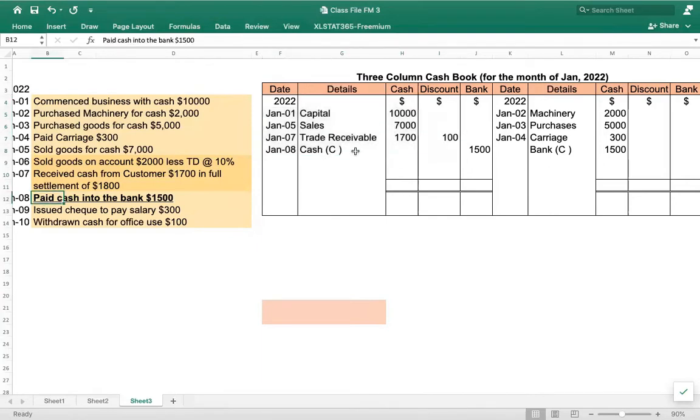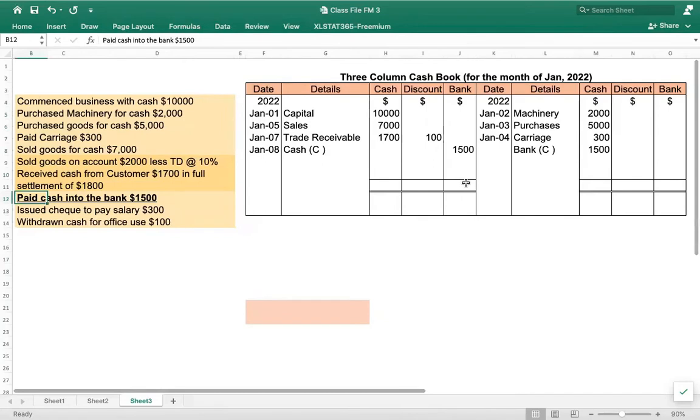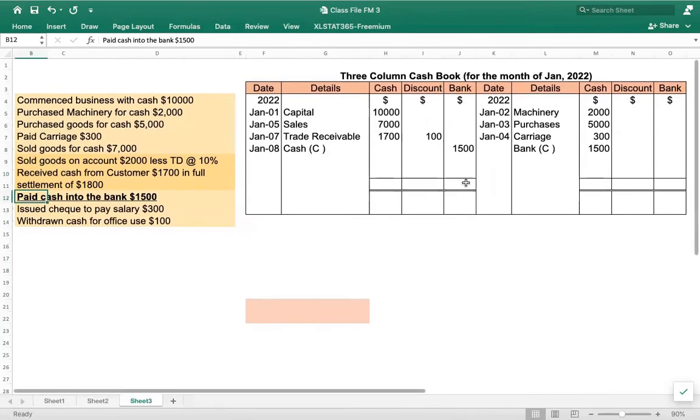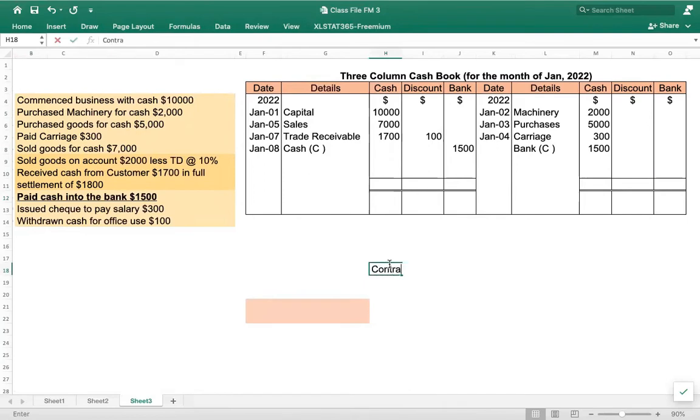But this transaction was recorded on both the sides, isn't it? So it is known as contra entry. Because we put money in bank, so bank balance is increase in asset, debit, and cash is decrease in asset, credit. Got it?